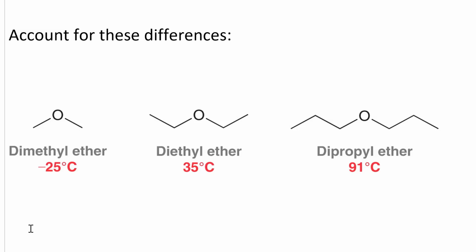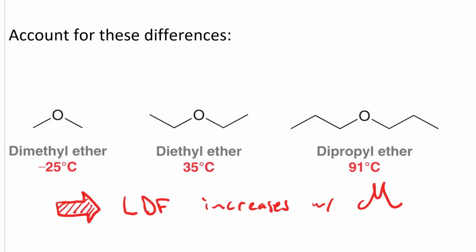In diethyl ether, the greater molar mass of the R groups now gives you an increased amount of LDF. And the LDF is still quite a bit higher for the dipropyl ether. So this is an illustration of the increasing importance of London dispersion force as the mass goes up.